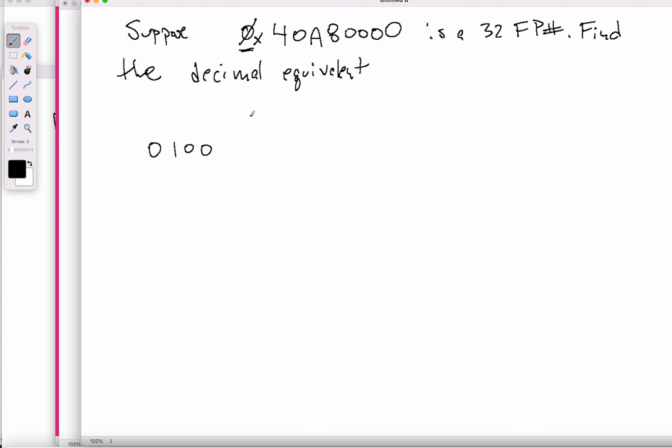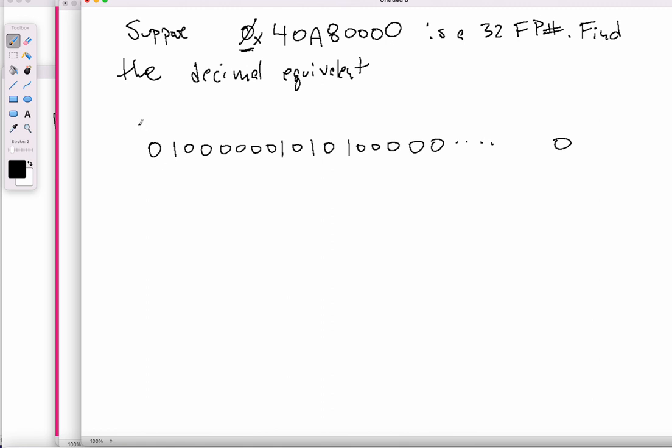Then there is a 0, 0, 0, 0. Then there is an A. Let's see, A is 10. That's going to be 1, 0, 1, 0. Then there's an 8, which would be 1, 0, 0, 0. And then it looks like I've got a bunch of zeros all the way to the end.